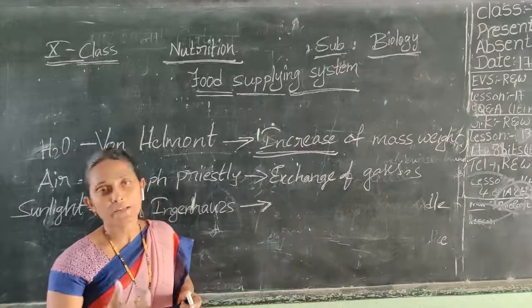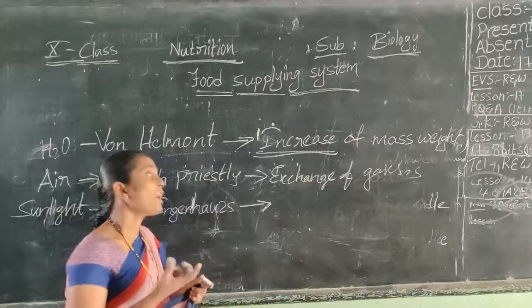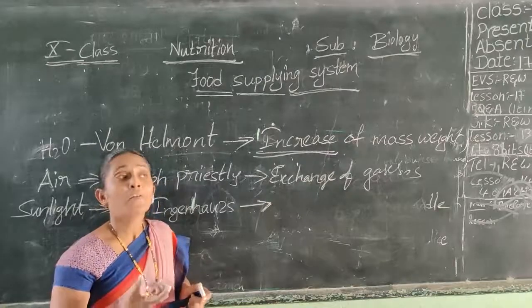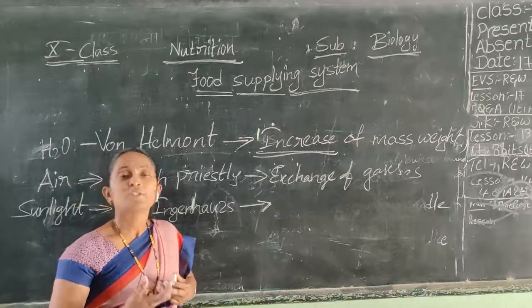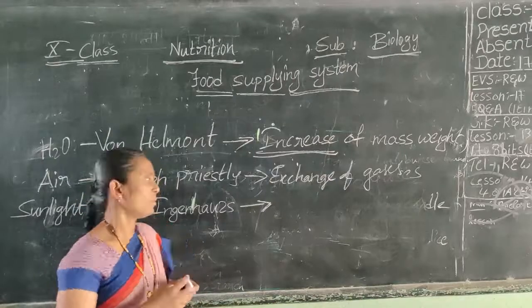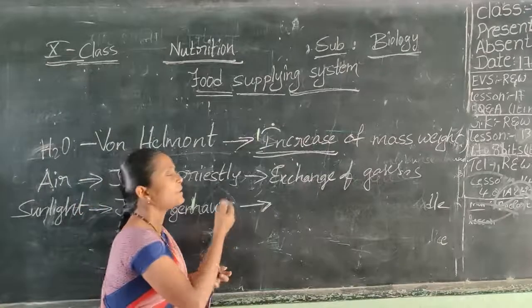It is clearly visible to our eyes. And why did he select an aquatic plant? Gases are not visible to our eyes, yes or no? To observe this experiment, science needs experimental proof.